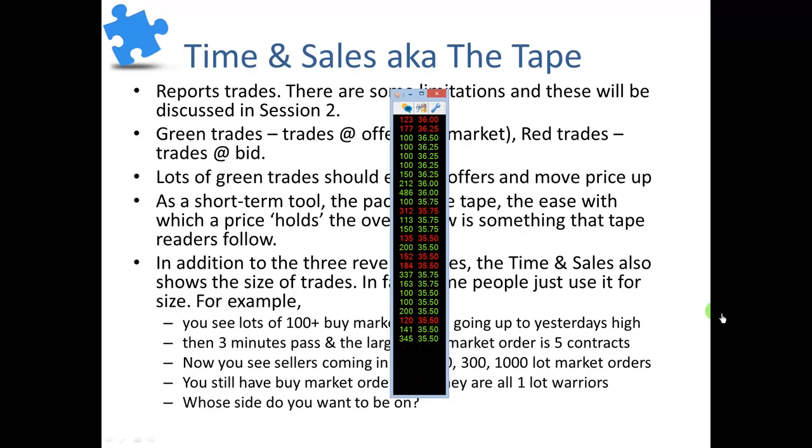And what you'll see after a while, in fact what we can see right now, is that we've got these large traders here, 486 at 36, all the way up to 36.50. And those large traders right now have not got anything for their money.